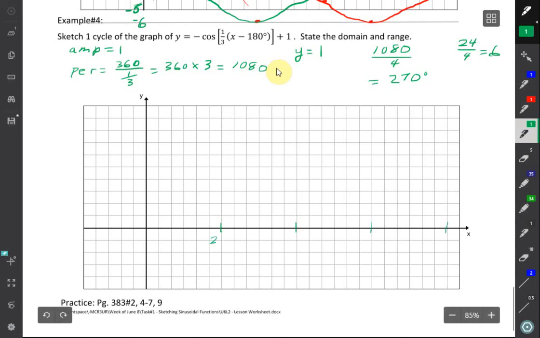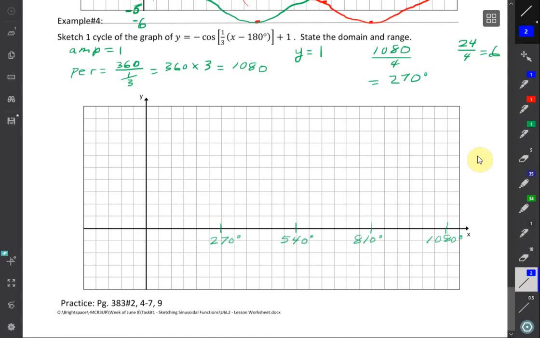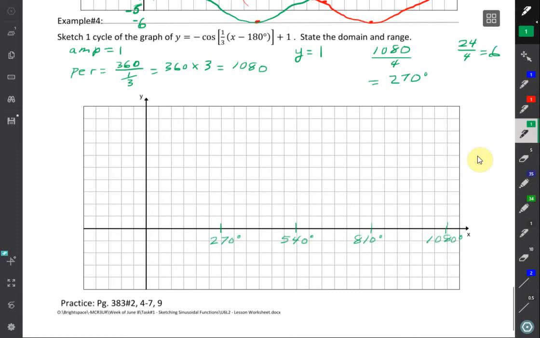These quarters are 270, 270, 540, 810, and 1080. Now I want to label my axis. Our amplitude is 1, so in this case, because it's 1, I'm going to use 4 grids for that.